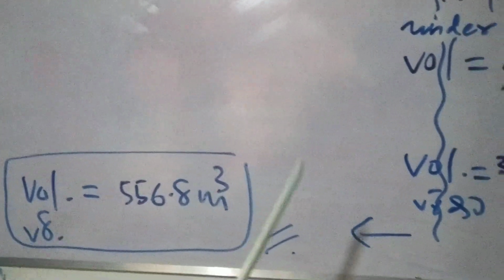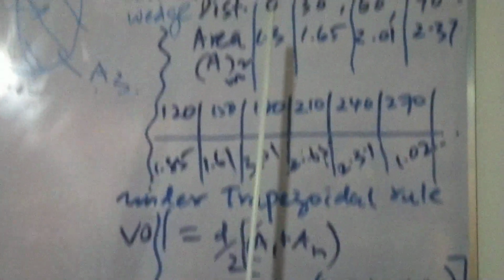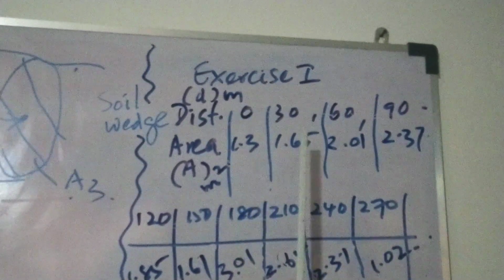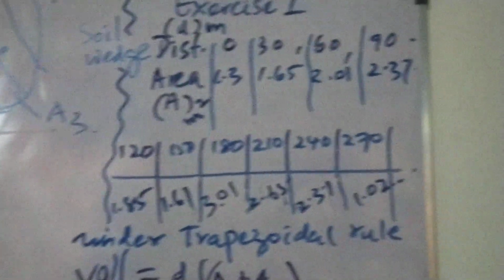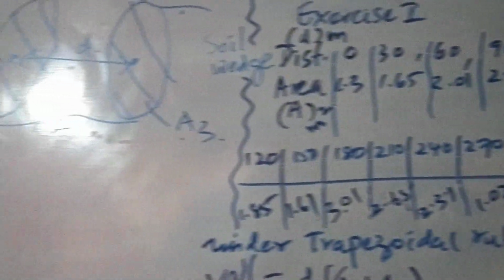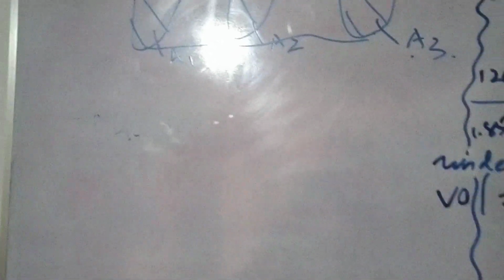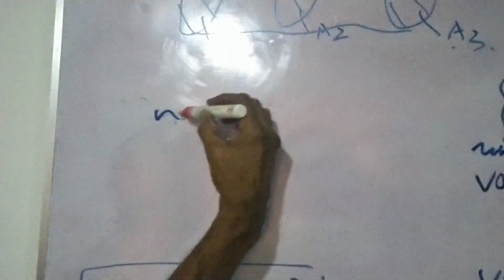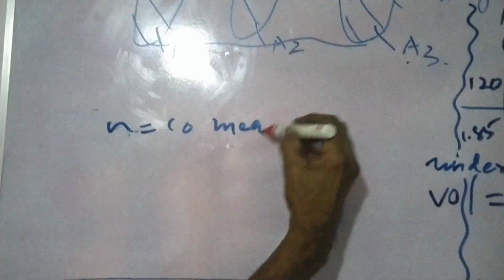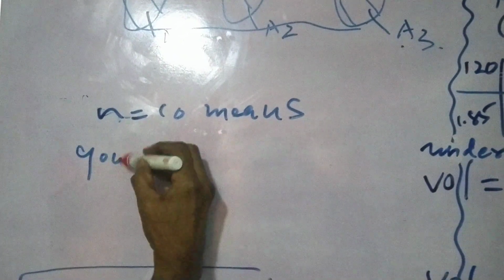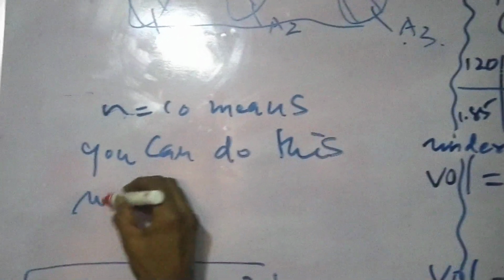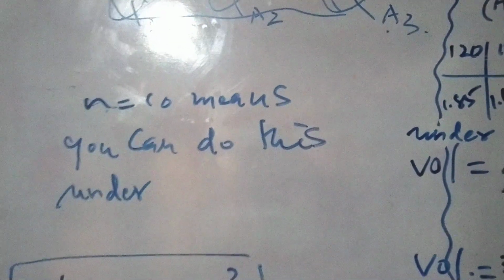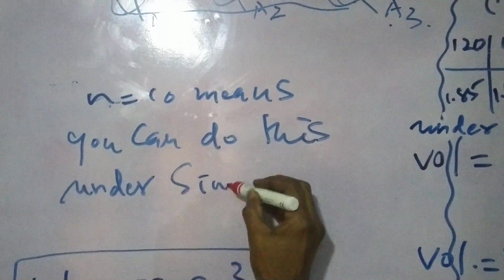You can calculate this under the second method, the Simpson rule, right? See, n is even here: 1 2 3 4 5 6 7 8 9 10. N equals 10 means you can do this under Simpson's rule.